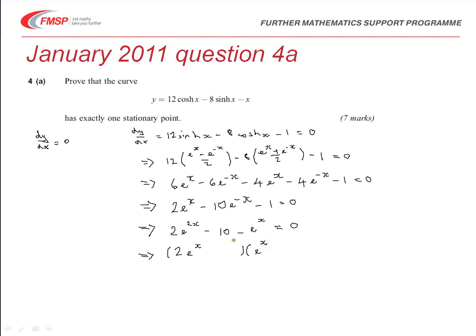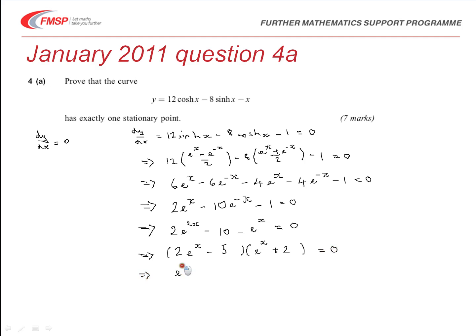We've got to create a negative 10, so that could be things like negative 2 and 5 or negative 5 and 2, but bearing in mind we need a negative e to the x, I think that's probably going to be a negative 5 in here and a plus 2 in here, so that when that bracket is multiplied out we get our 2e to the 2x, we get negative 5e to the x and a plus 4 with the 2 times the 2, which will give us just a negative e to the x, and we've got the negative 10. So that's factorising.